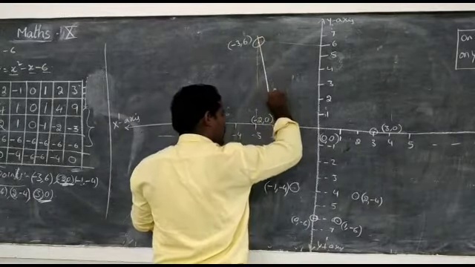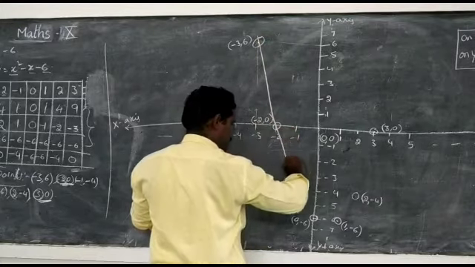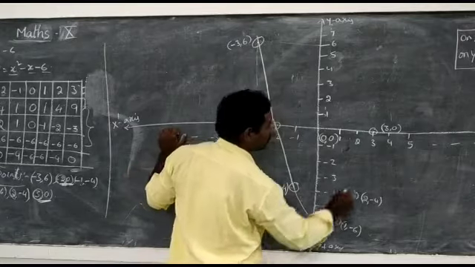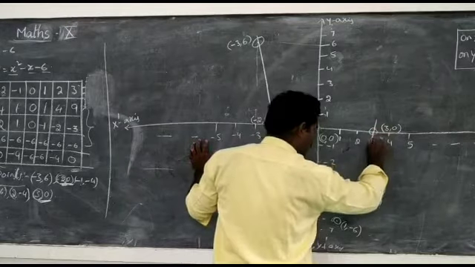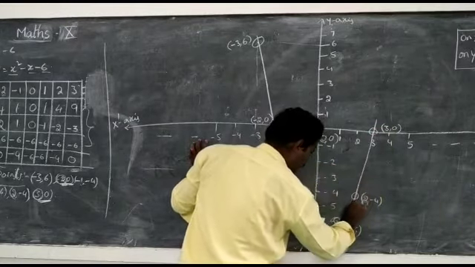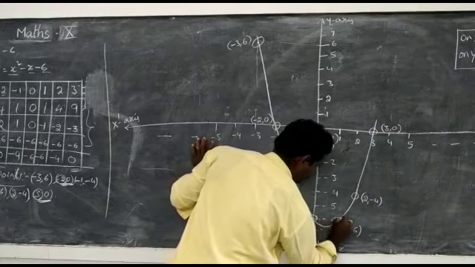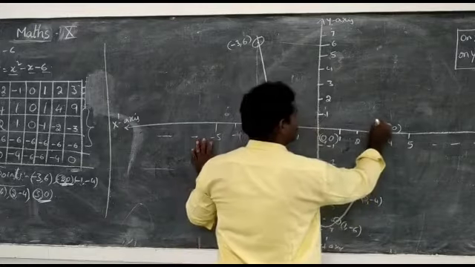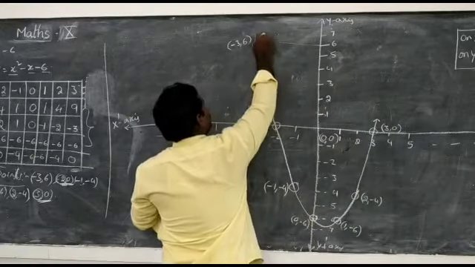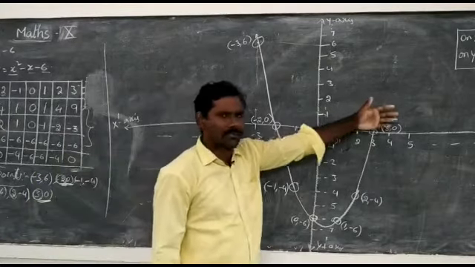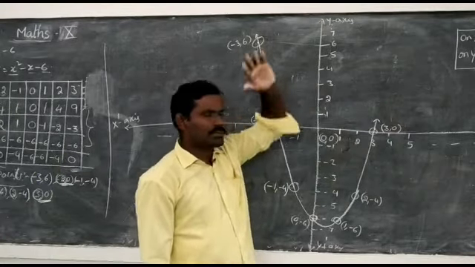Freehand smooth curve. Like this you have to join. Now give the arrow marks for the ending. Why? Because if you take more values of x, you can get more of the graph.